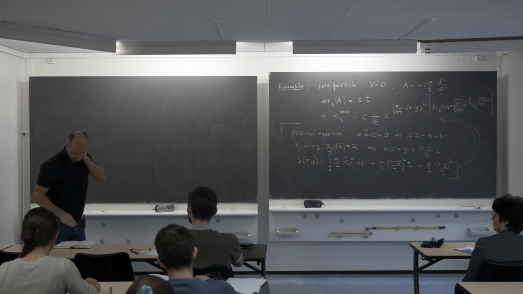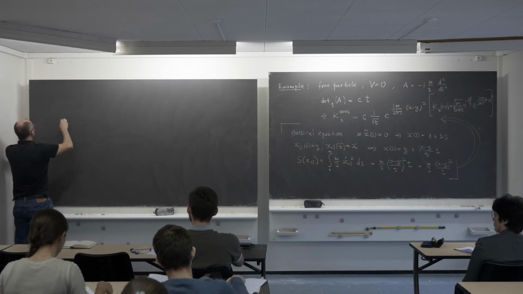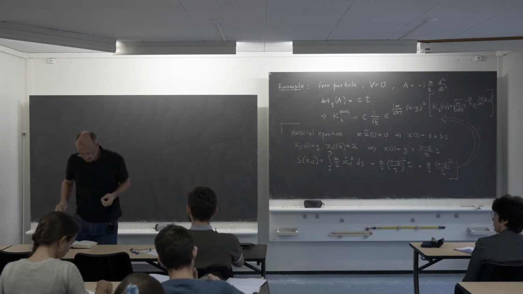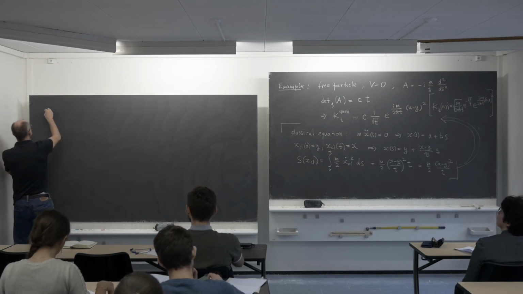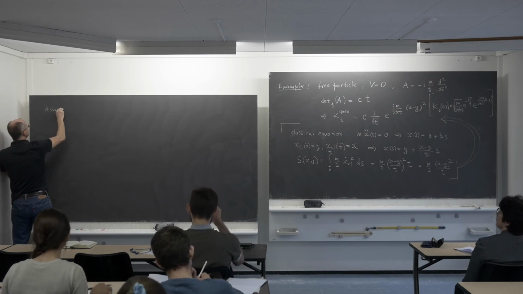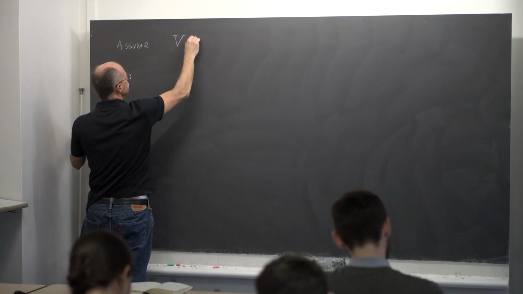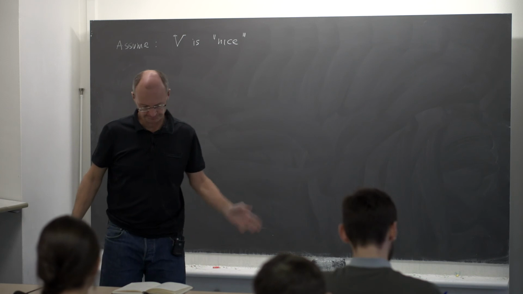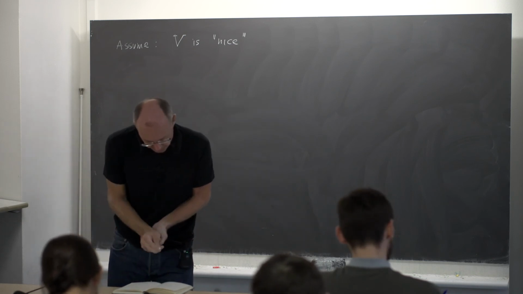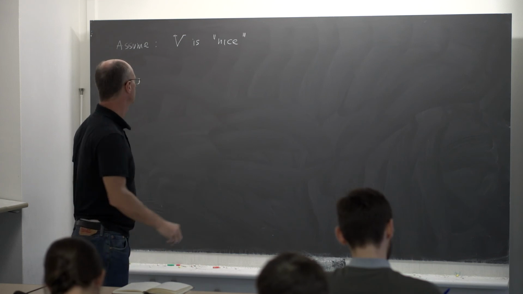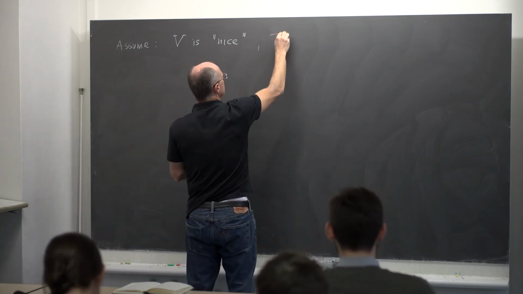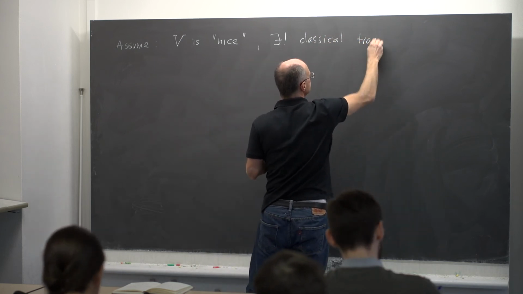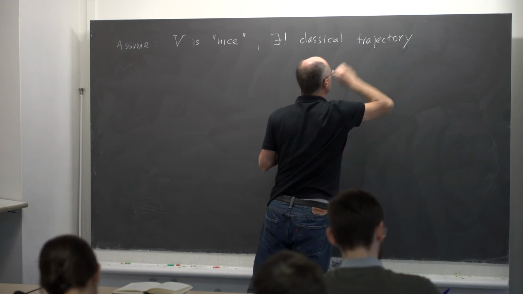So in the general case, assuming again that the potential is sufficiently nice, and assuming again the uniqueness of the classical trajectory.